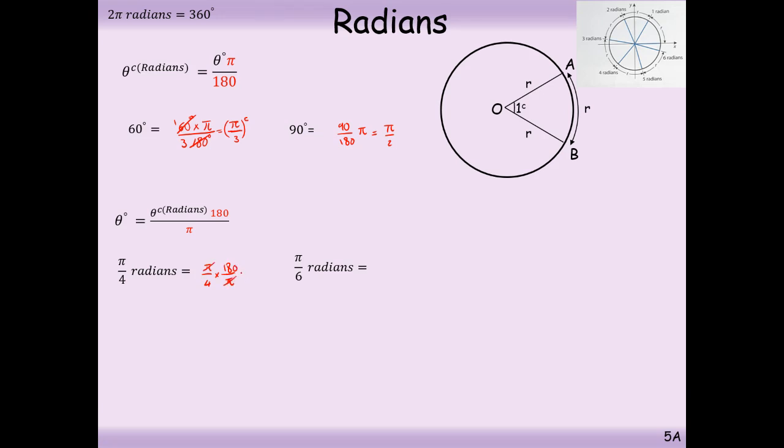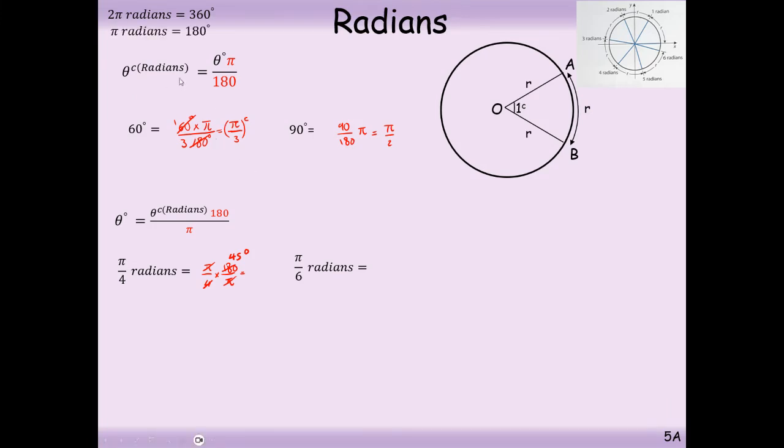Now 180 over 4 is 45 degrees. I'm actually sure it is 45 degrees because every 1 pi is 180 degrees.